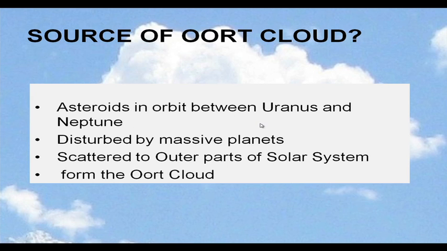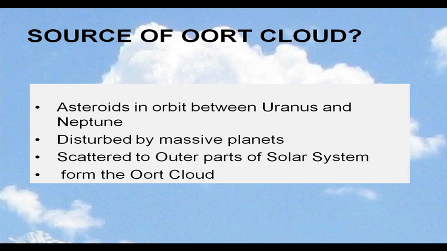These asteroids are in circular orbits between Uranus and Neptune, and a passing planet causes a disturbance, and as a consequence the asteroid gets scattered to the outer parts of the solar system, and such scattered objects form the Oort cloud. That is the prevalent picture of how the Oort cloud was formed.